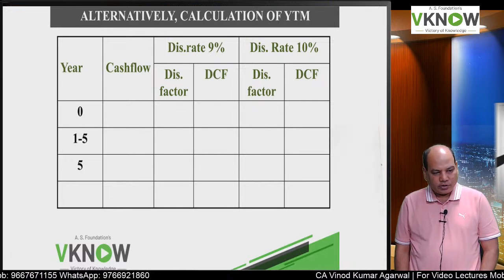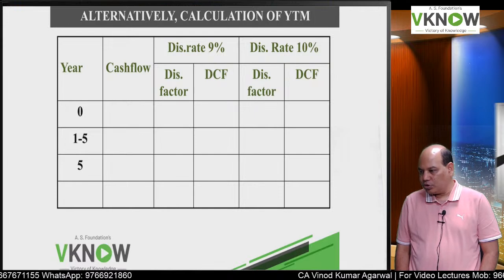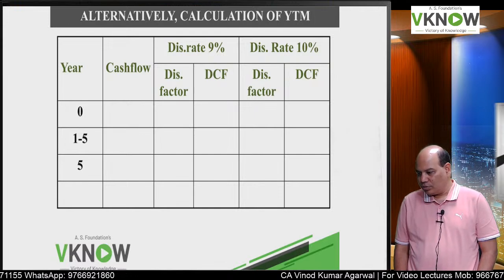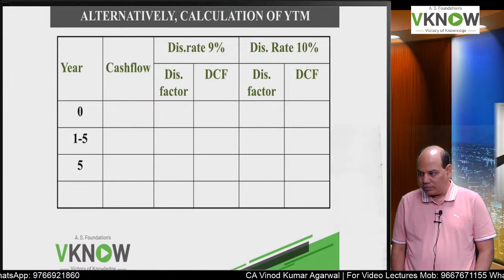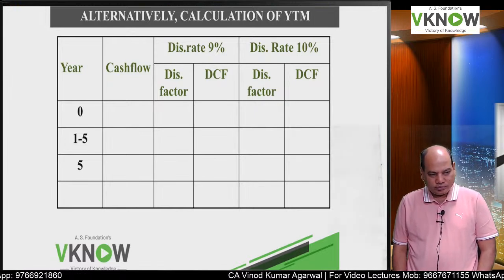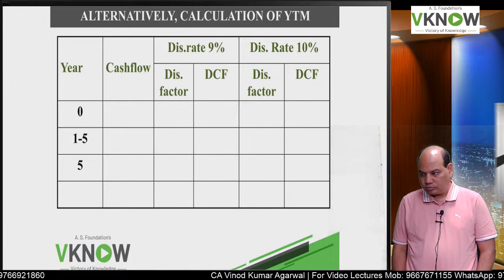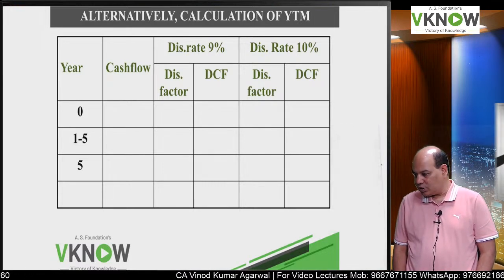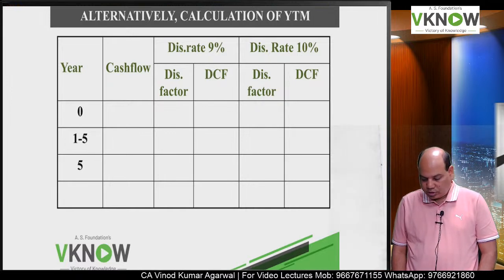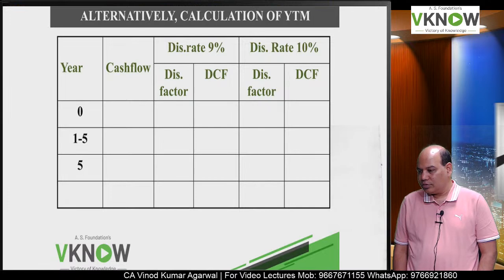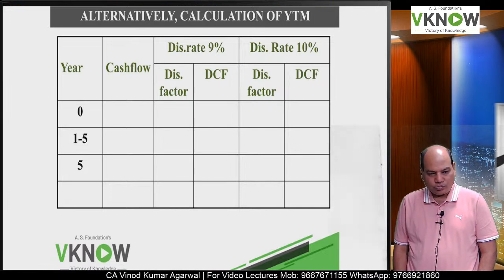Draw the format first. This is the format we will use in your entire syllabus for IRR or YTM calculation. Year, cash flow, discount rate 9%. Under that two columns, discounting factor and discounted cash flow.